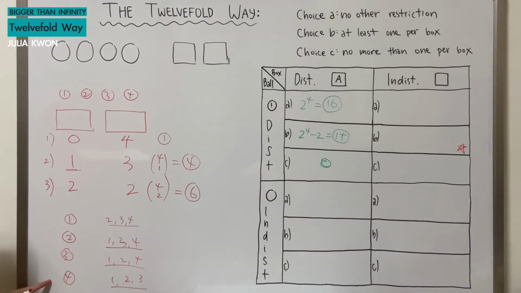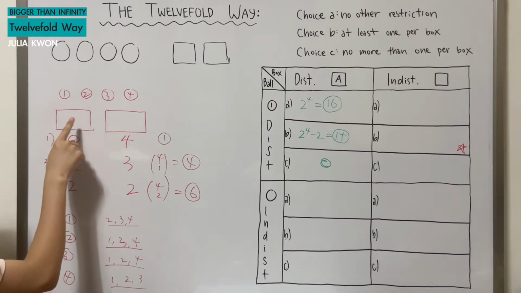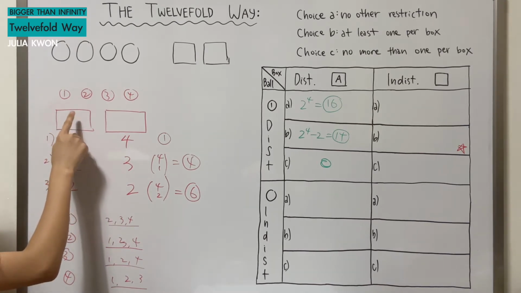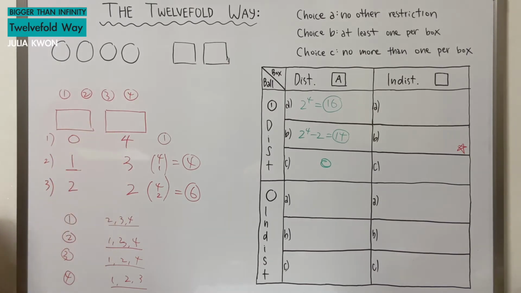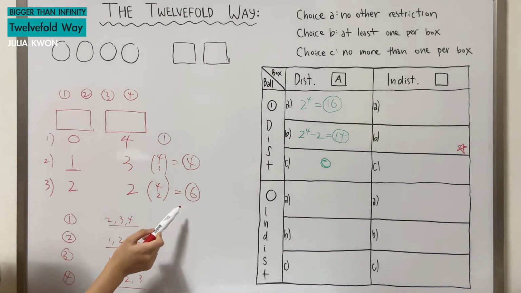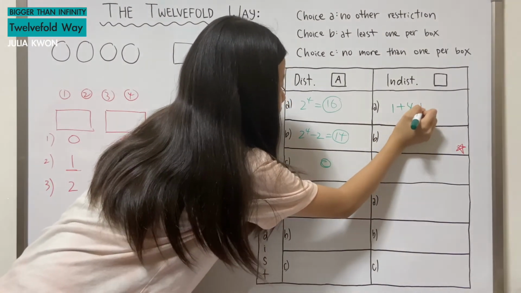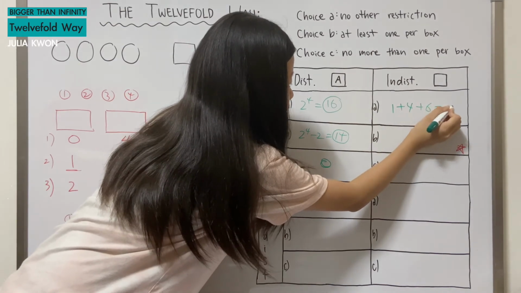So yeah, there's only 4 ways. And of course, it doesn't matter if these balls were on this side or this box, because these boxes are identical. And now if we add 1, 4, 6, we get 11. 1 plus 4 plus 6, that's 11.